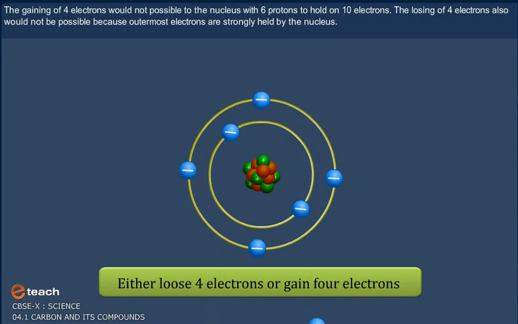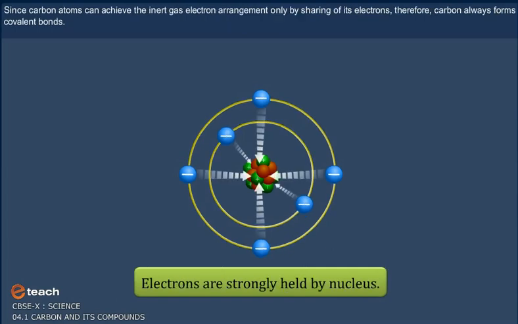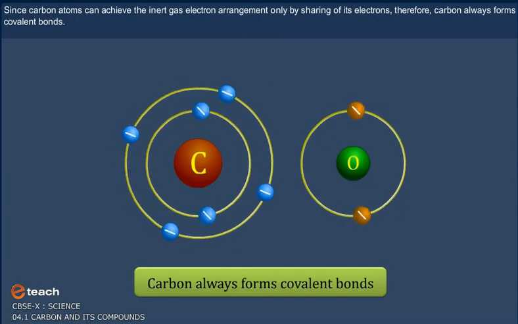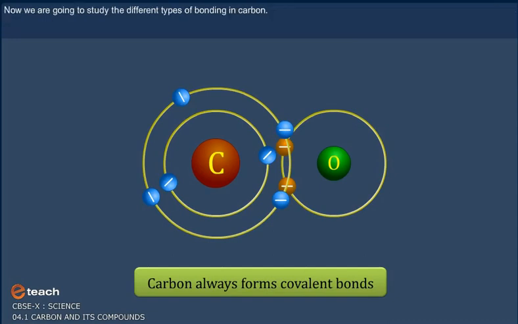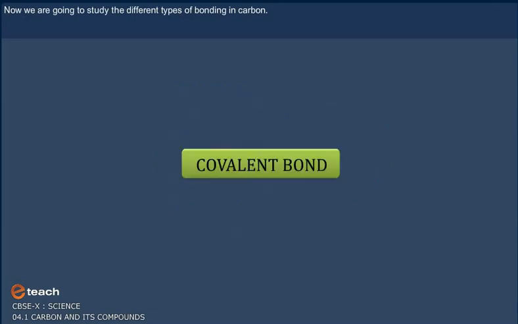The losing of 4 electrons would also not be possible because the outermost electrons are strongly held by the nucleus. Since carbon atoms can achieve the inert gas electron arrangement only by the sharing of electrons, carbon always forms covalent bonds. Now, we are going to get aware of different types of bonding in carbon.